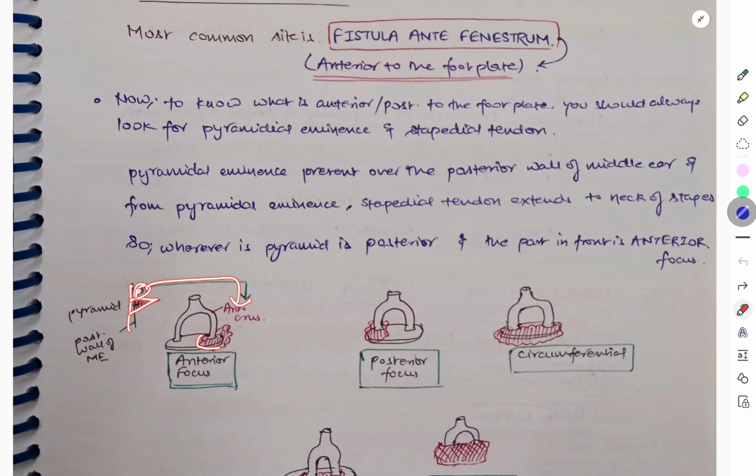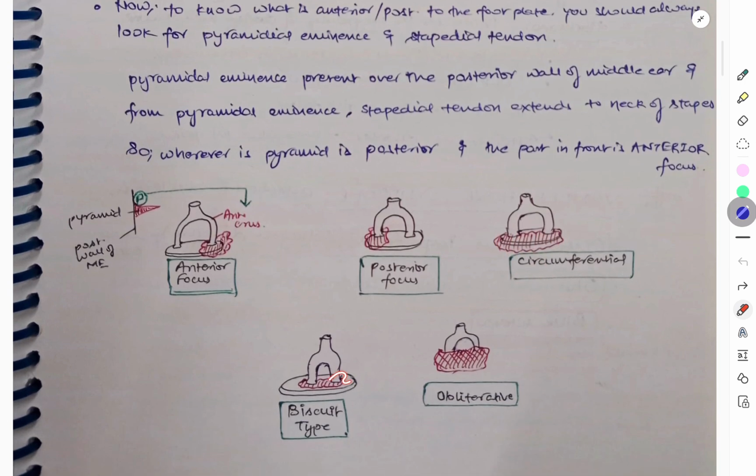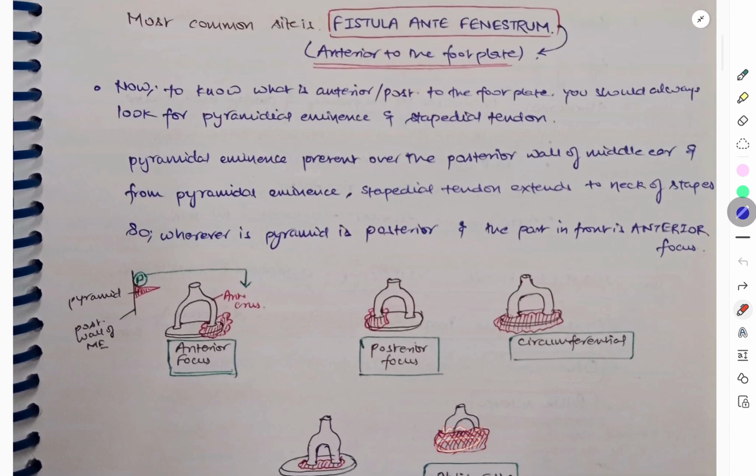Anterior to that, first is anterior focus, where the anterior crus of the footplate is involved. Okay, if the posterior crus is involved, it is called posterior focus. If the whole circumference is involved, it is called circumferential. If only part of the plate is involved, it is called biscuit type, and if the crus and the plate, everything is involved, it is called obliterative type.